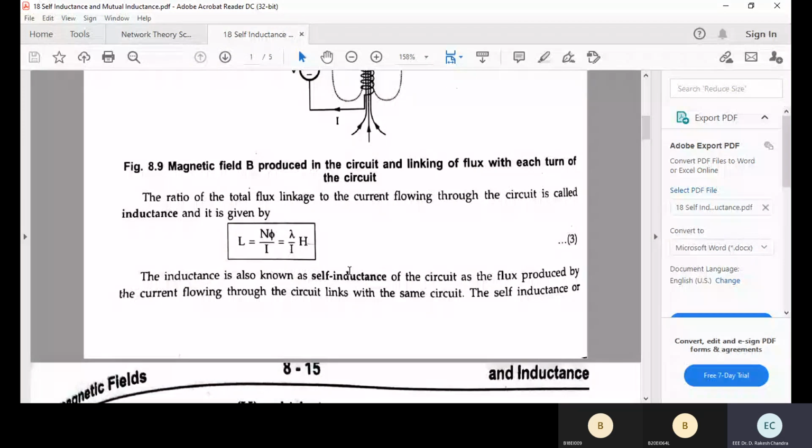In the beginning of inductance I already mentioned that inductance L is equal to N phi by I, flux divided by the current.